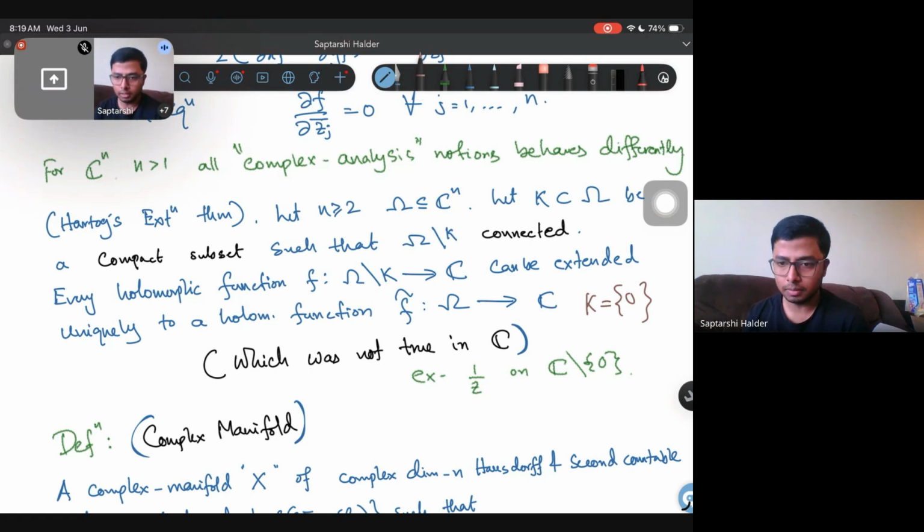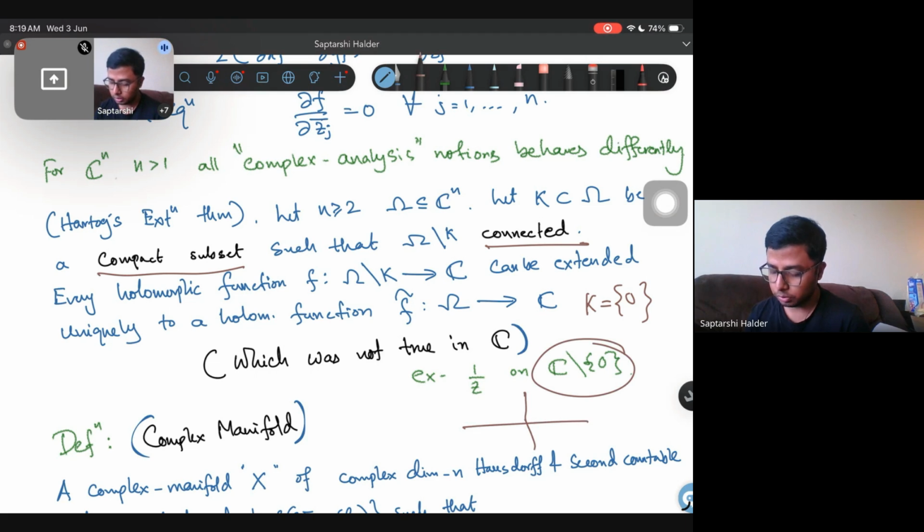It's a singleton set, it's closed, and moreover it's compact. Now observe that C minus {0} is connected, because if you don't have this point, any two points can be joined using a path. You can easily avoid this point. So it's path connected, so it's connected.